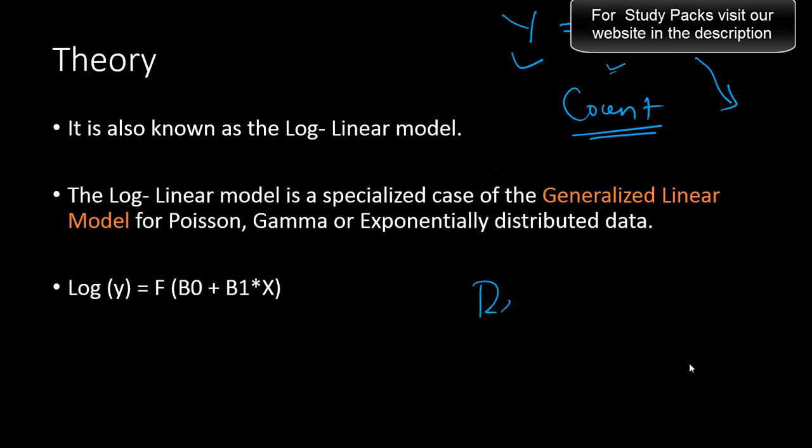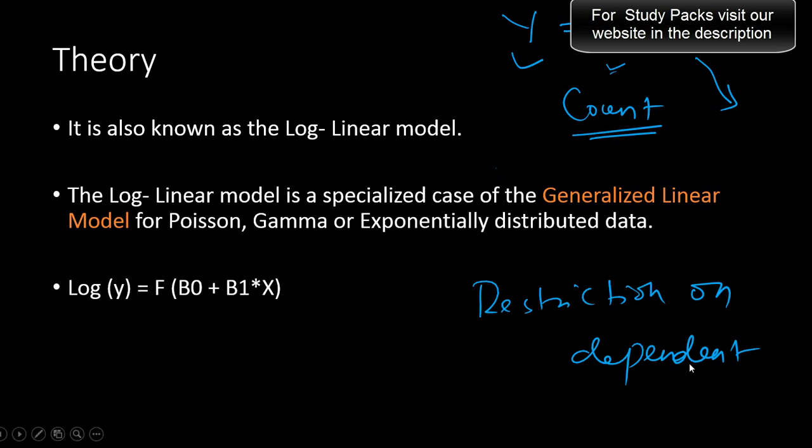So you have a restriction on the dependent variable, that it cannot take any negative values, but there is no restriction as such on the independent variables. That will create problems if you use ordinary least squares or multiple linear regression.